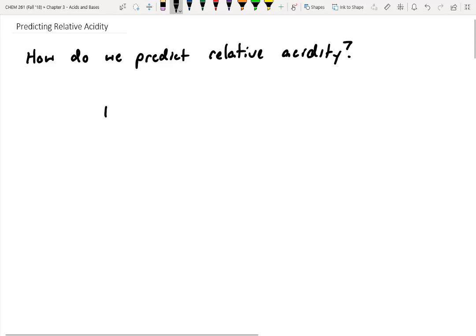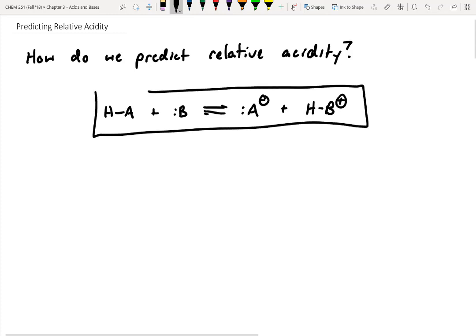Just like I said before, you can always think of this as an equilibrium reaction between some sort of acid and some sort of base. And we always have some sort of conjugate base and some sort of conjugate acid that comes out. So this is going to be my generic thing, right?